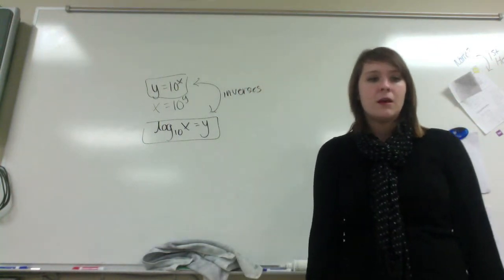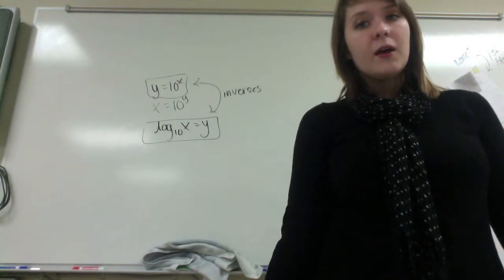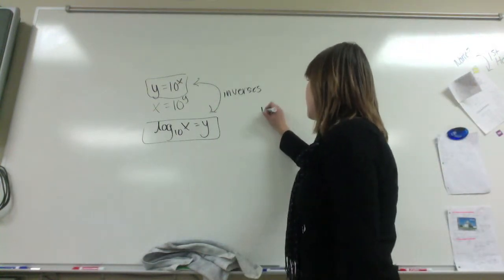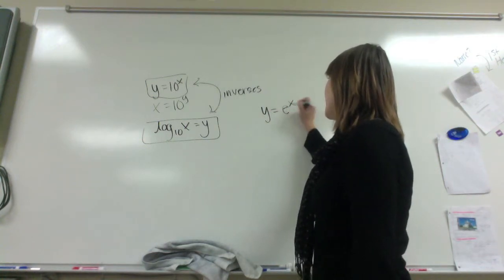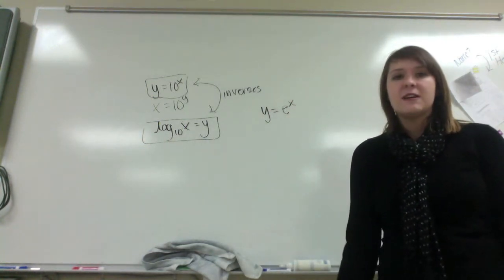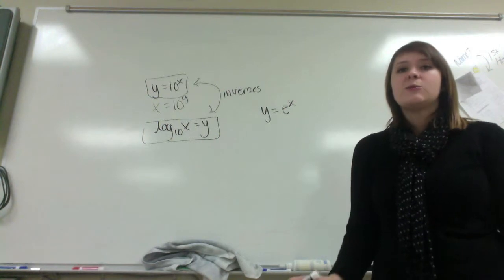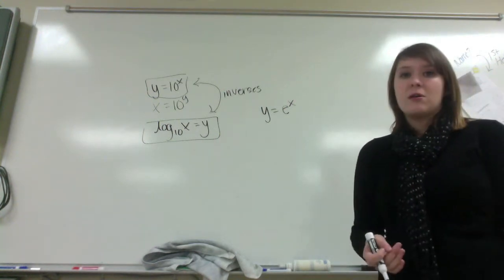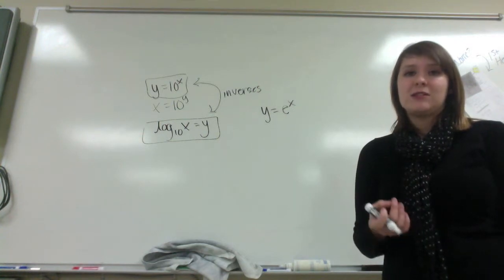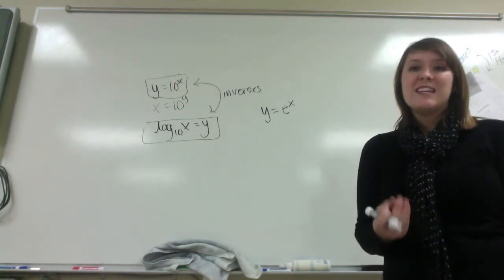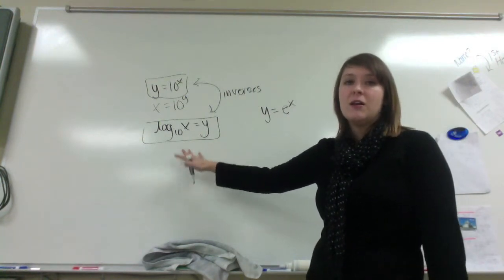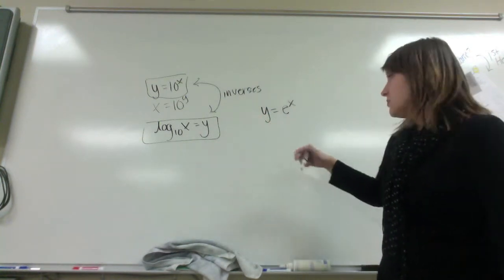Okay? So we can do the same thing when we have a function with e as a base. So if I have e as a base, so like y equals e to the x, if I want to find the inverse of that, that's where your natural logarithm comes in. So a natural logarithm is basically just a logarithm with a base of e. So this one is your common log. It's got a base of 10. This one is going to give you your natural log.